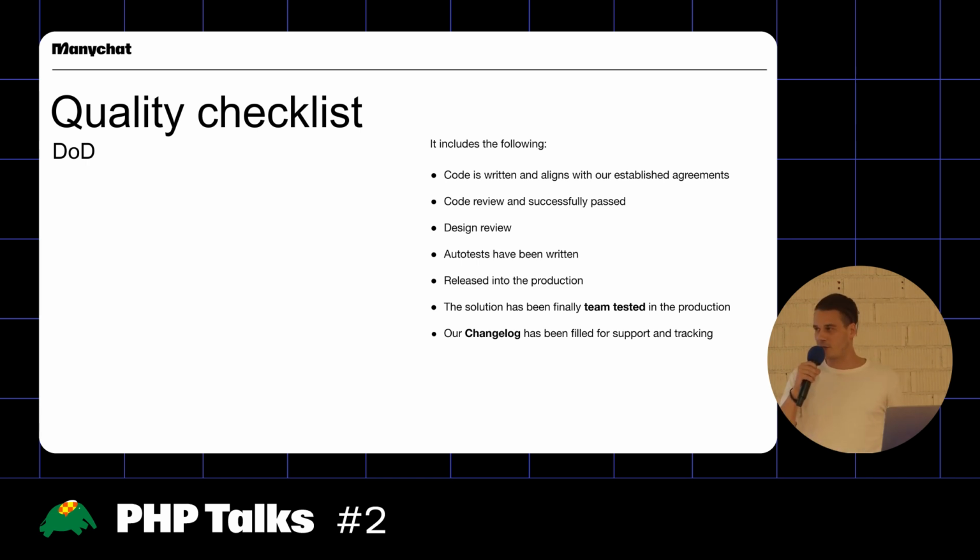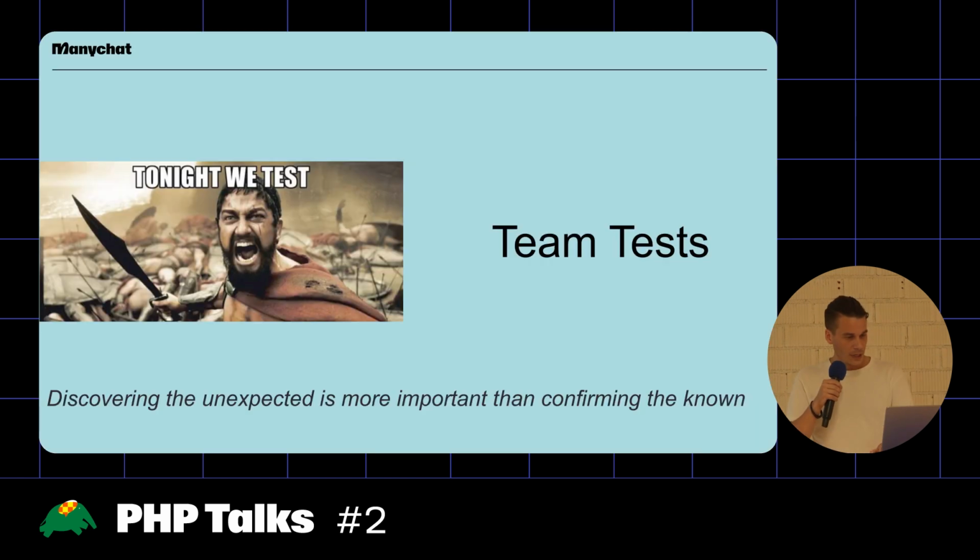So we fill the internal changelog with all the features and bugs that we fix or release into production. Why is that? If there is some kind of incident or big problem on the support side, they also need to know what happened recently. So they can go back to the changelog and find out who they need to chase to solve this issue.